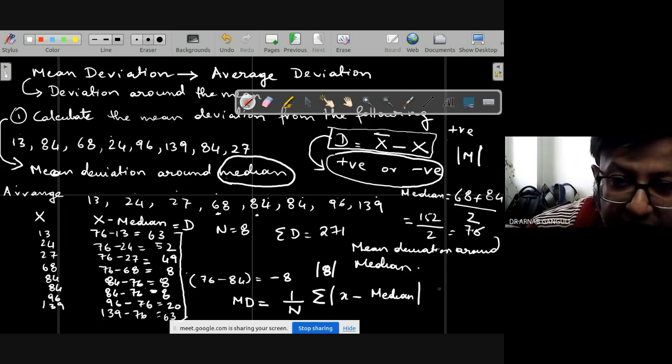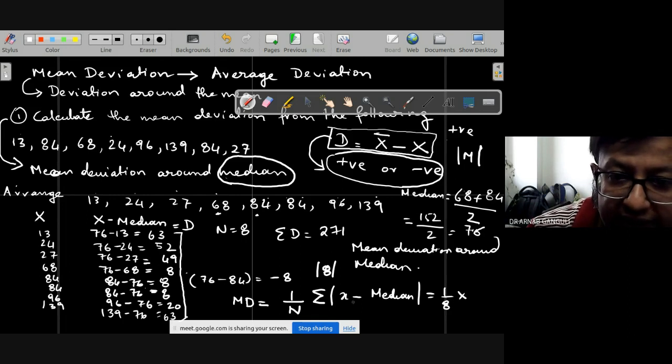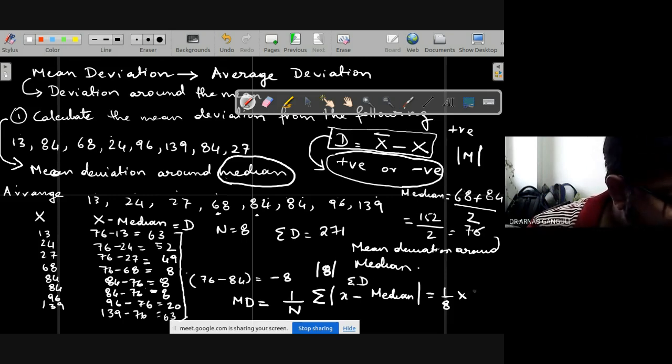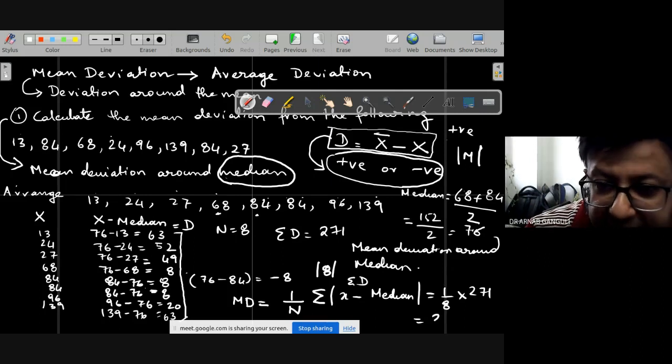So this is equal to 1 by 8 into what you get, sigma D. This is basically sigma D into 271. That is equal to 33.8.